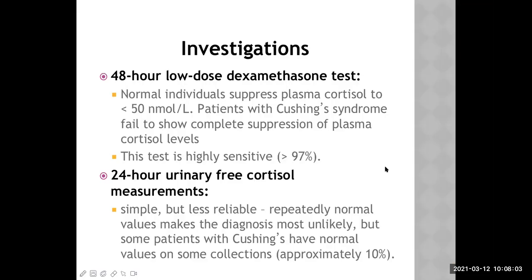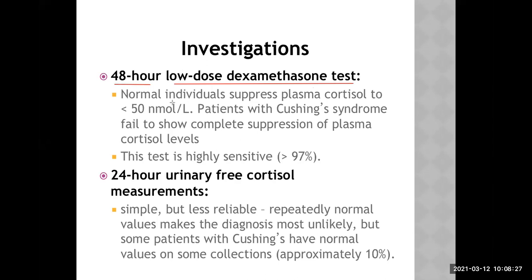Now, what investigation would we like to do in a case of Cushing syndrome? So we need to confirm that these things are happening here. One of the tests is known as the 48-hour low dose dexamethasone test. Dexamethasone is a powerful, synthetic type of corticosteroid.